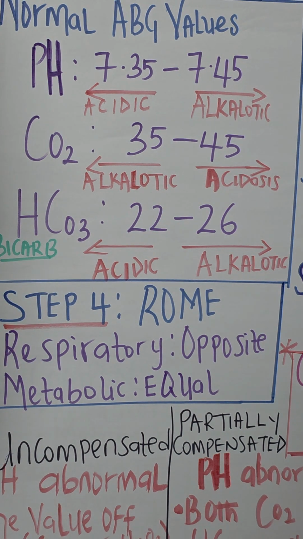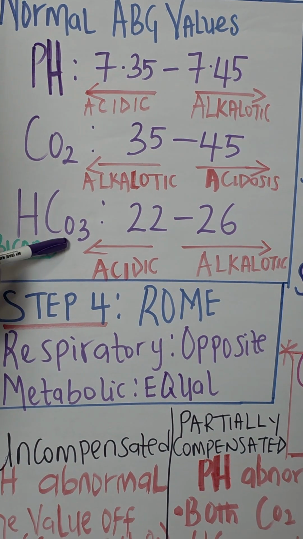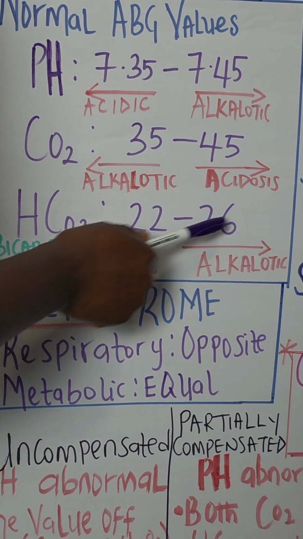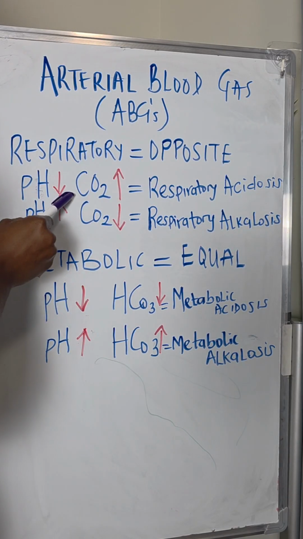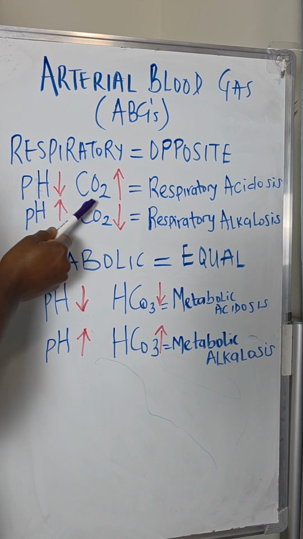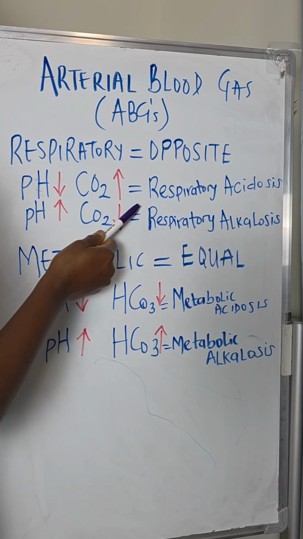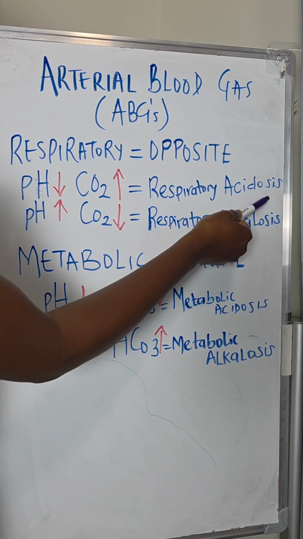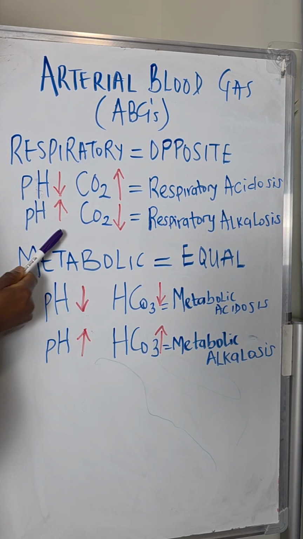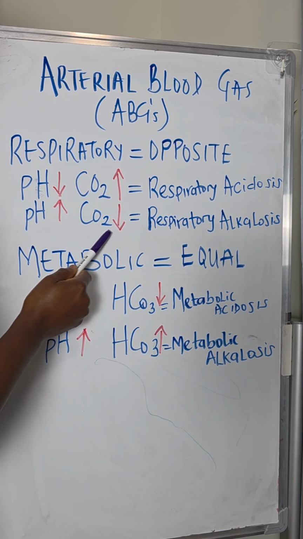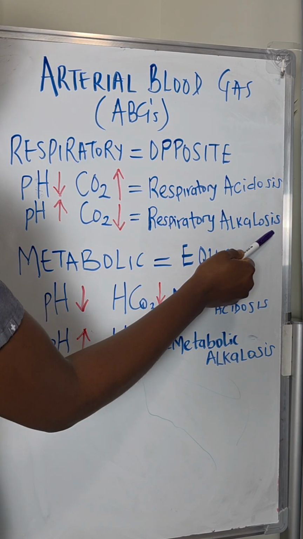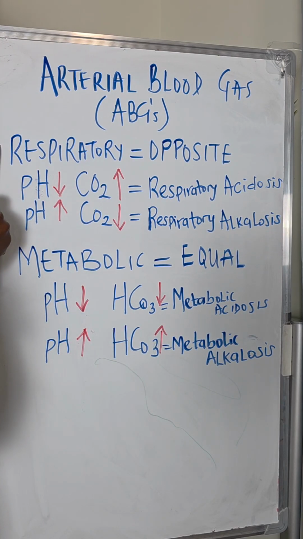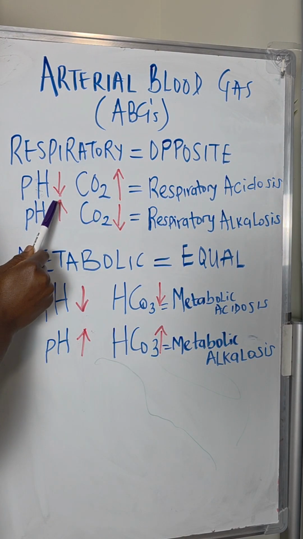But in a metabolic disorder, the pH and the bicarbonate move in the same direction. If the pH is low and the CO2 is high, it is referred to as respiratory acidosis. If the pH is high and the CO2 is low, it is referred to as respiratory alkalosis. Again, remember, respiratory disorders go in opposite directions.